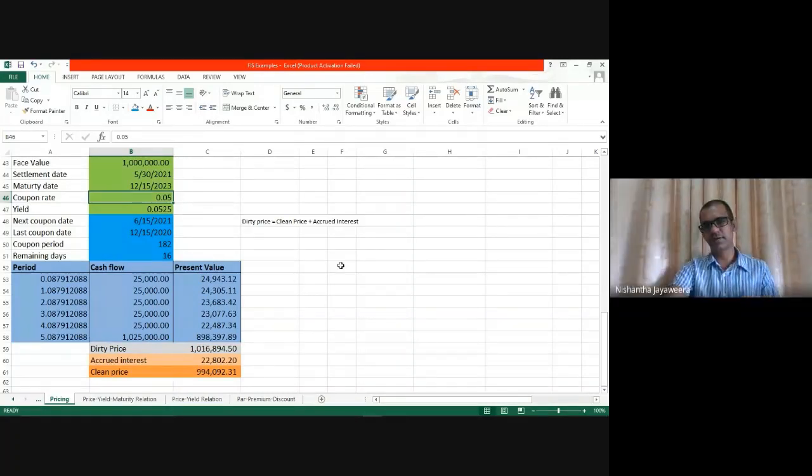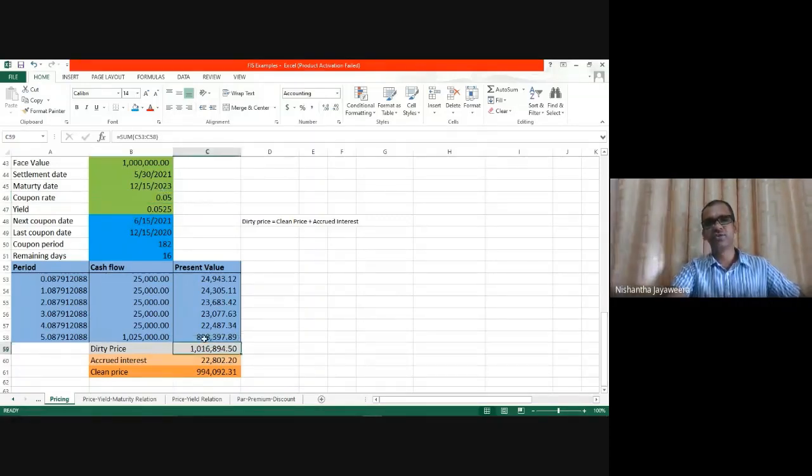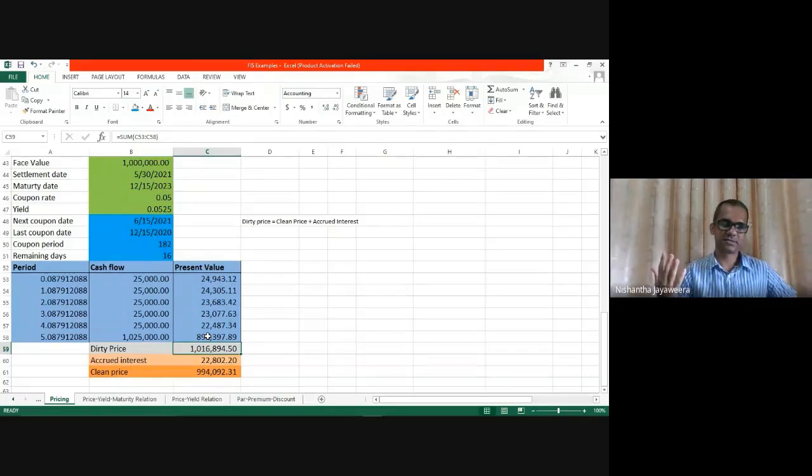So remember, whenever you do this sort of calculation, and the yield is higher than the coupon rate, and you get a price higher than face value, you should realize, oh, this is the dirty price, not the clean price. Then you have to do the adjustment.